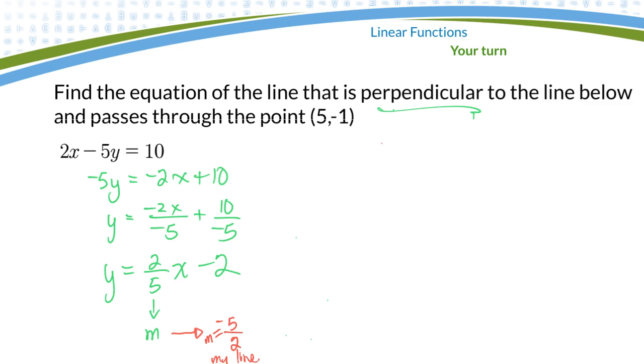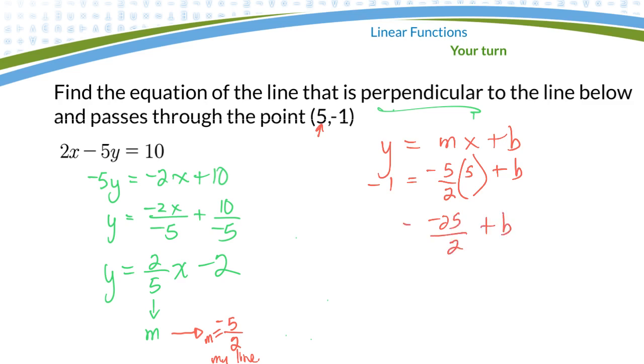Okay, so now this is my equation. I know the slope is negative 5/2, and my x value is 5, and my y value is a negative 1. So this would be negative 25/2 plus b is equal to negative 1. Add 25/2 to each side, so negative 1 plus 25/2 is equal to b.